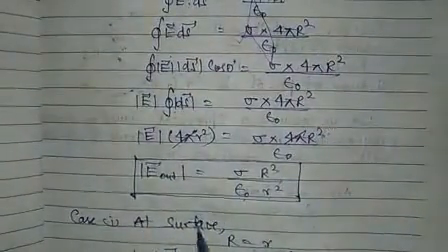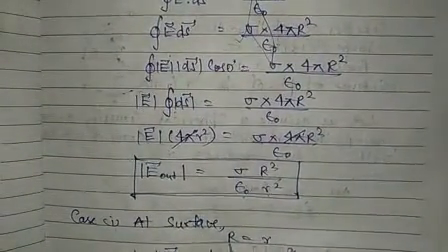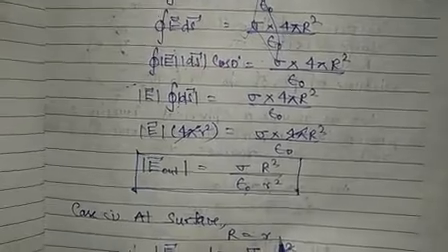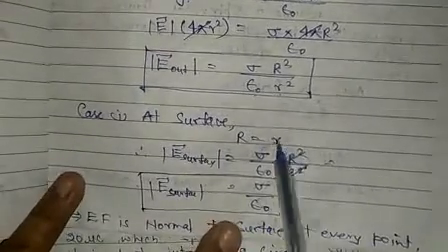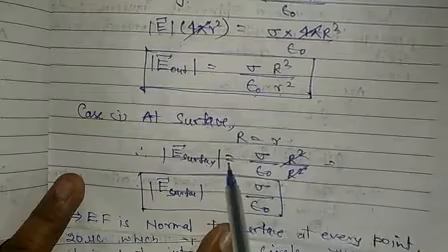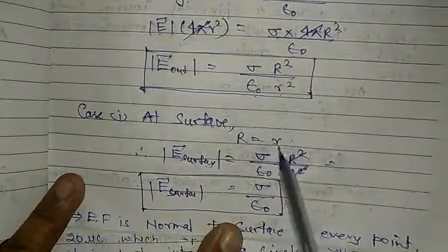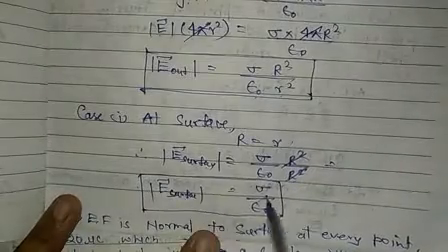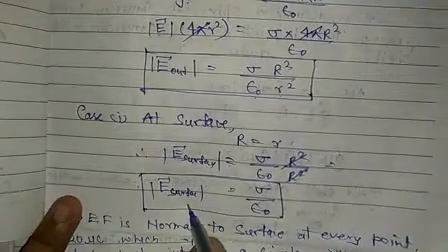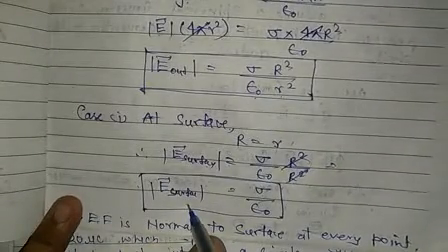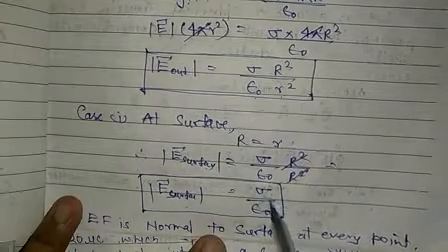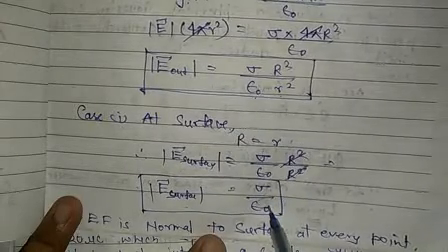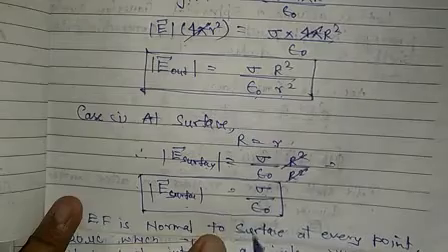So we can say that at the surface capital R will be equal to small r, so that we have E surface equal to sigma over epsilon naught, r square over r square can be cancelled, that is E surface, the electric field at the surface of the spherical conductor, would be sigma over epsilon naught, and it will be normal to the surface.